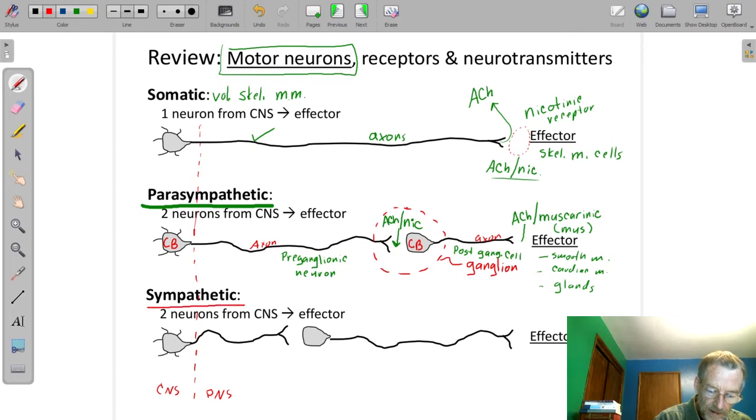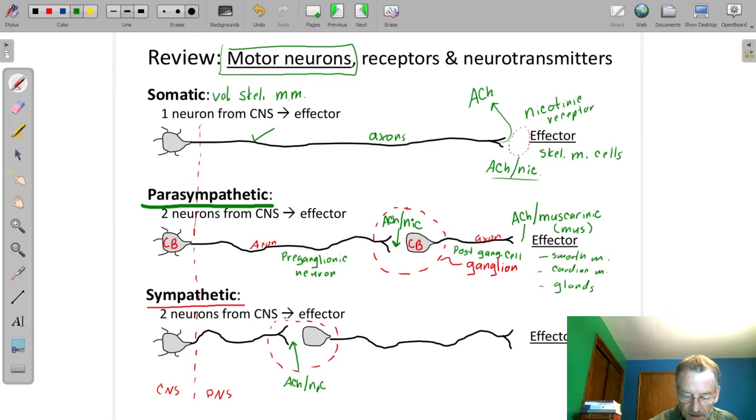Let's do sympathetic. And again, two neurons. Here is our ganglion, again, pre and post ganglionic cell. And it's the same pattern for the first neuron. It's ACH onto a nicotinic receptor.